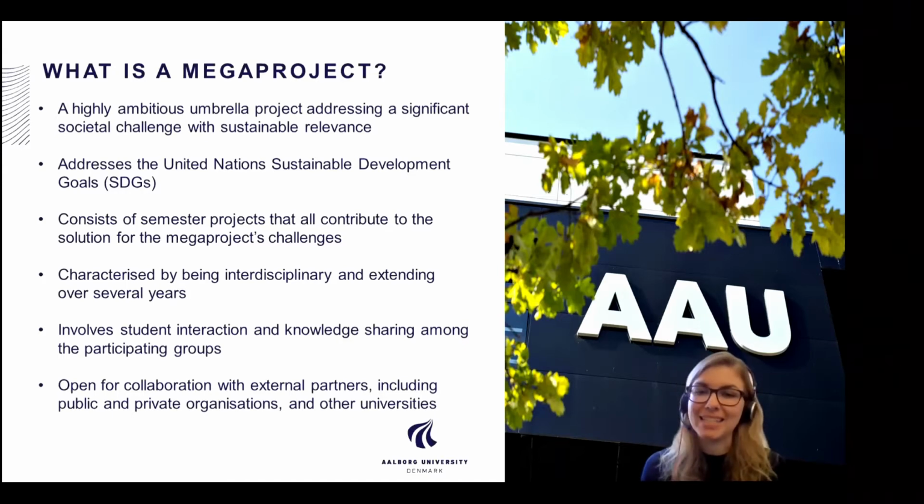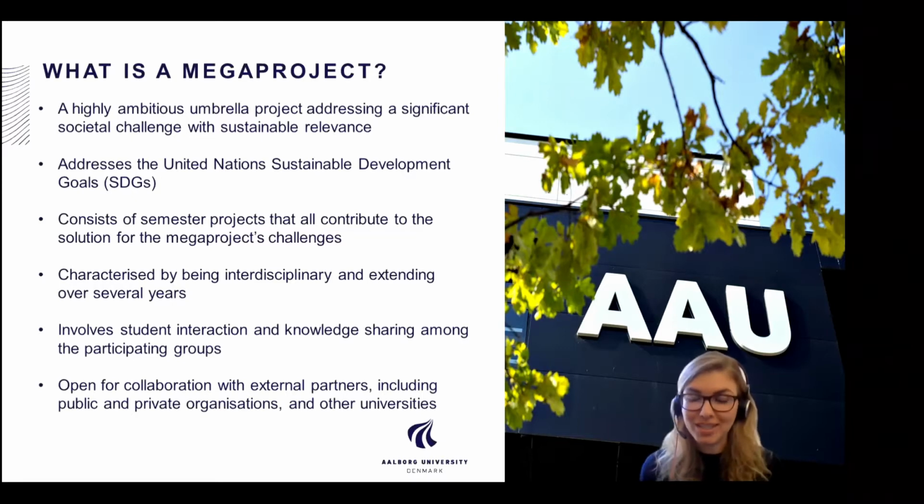As I said, they consist of smaller projects, and these projects are your semester projects. So it's these semester projects that sum up to be the mega projects and the solutions for the mega project challenges. It's characterized by being interdisciplinary, and it extends several years.